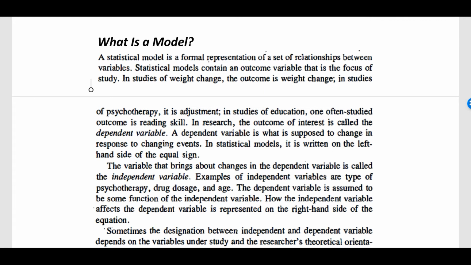In studies of education, one often studied outcome is reading skill. In research, the outcome of interest is called the dependent variable. A dependent variable is what is supposed to change in response to changing events. In statistical models, it is written on the left-hand side of the equal sign.